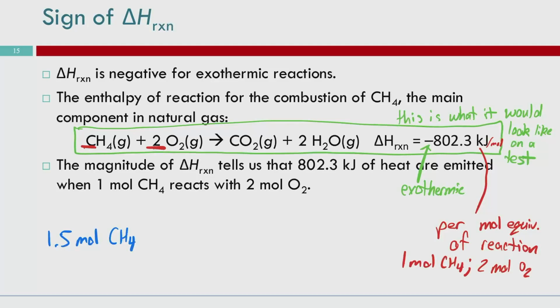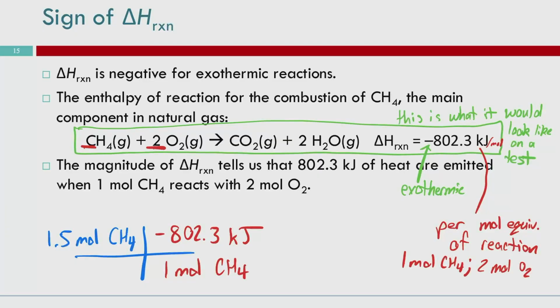We're going to burn that with excess oxygen. The conversion that we would write, negative 802.3 kilojoules for 1 mole CH4. And this will give us the amount of heat that's released from burning 1.5 moles of CH4.